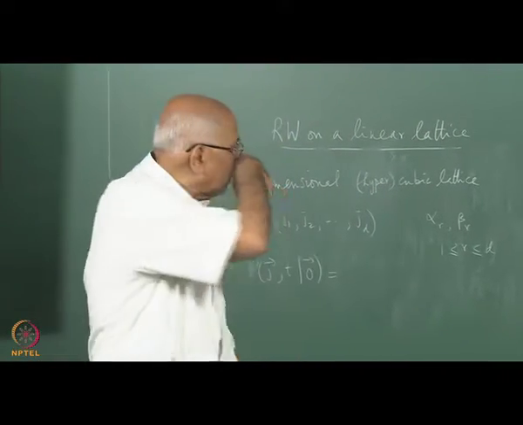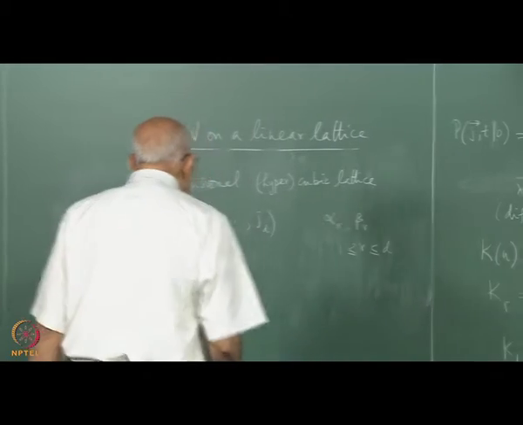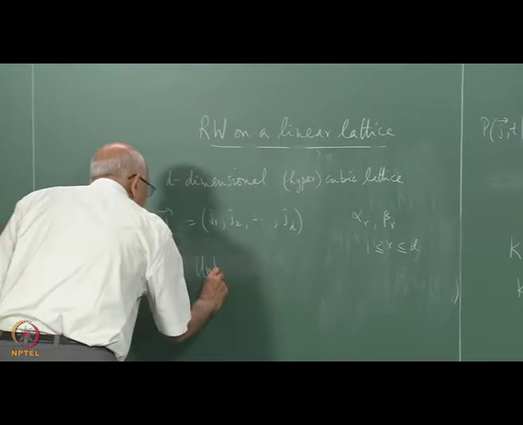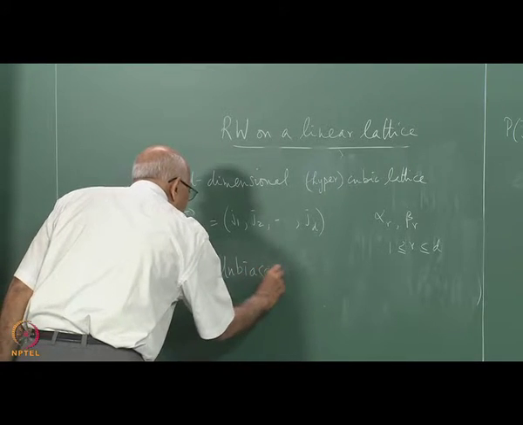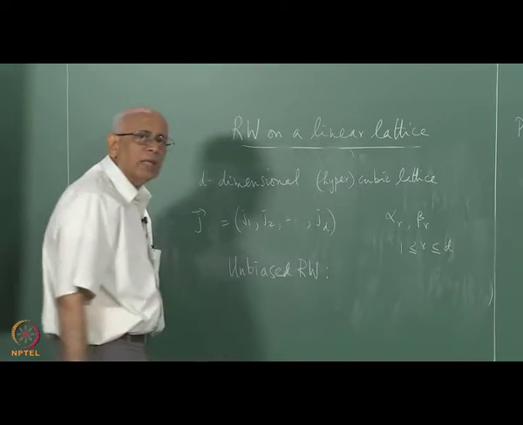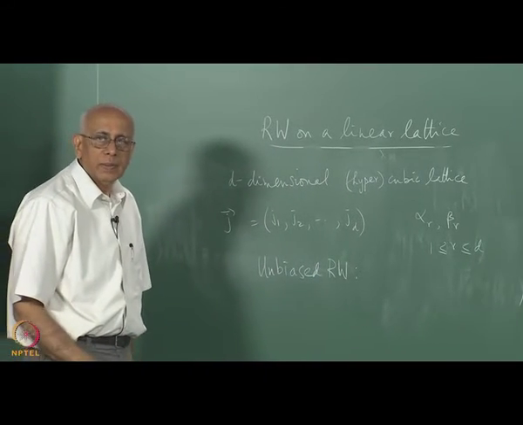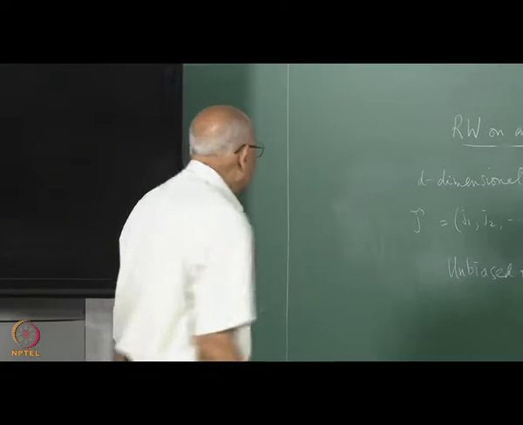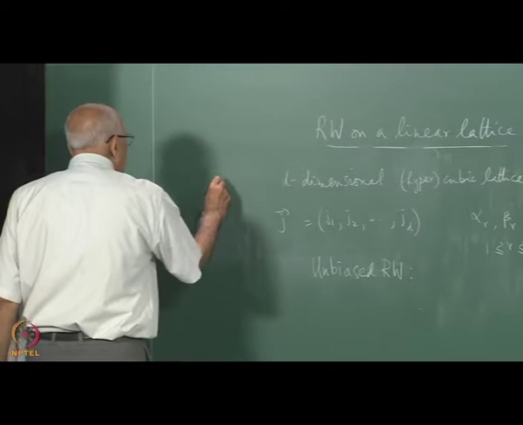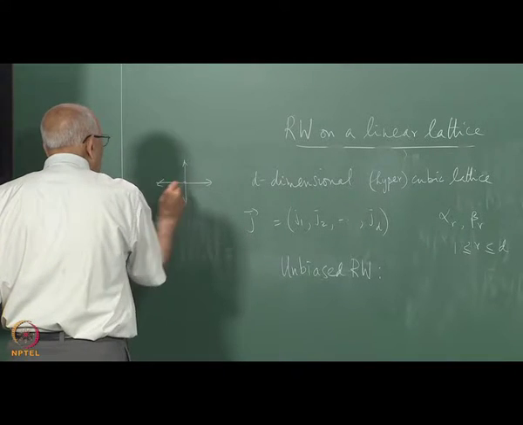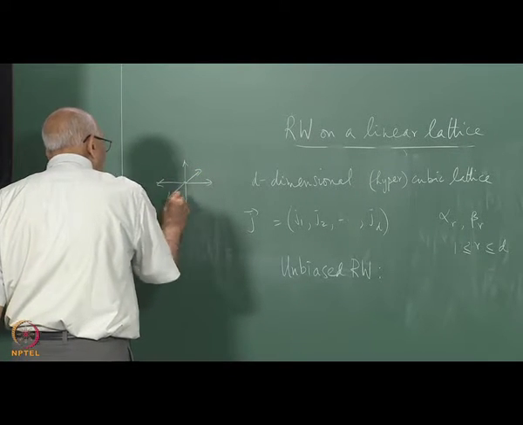What would you expect? If there is no bias, an unbiased random walk, what would this correspond to for each alpha and beta on a hypercubic lattice? Yeah. So you have, for example, from this point you go up, you can go down, you can go this way, you can go this way, you can go into the board, you can come out of the board and so on.